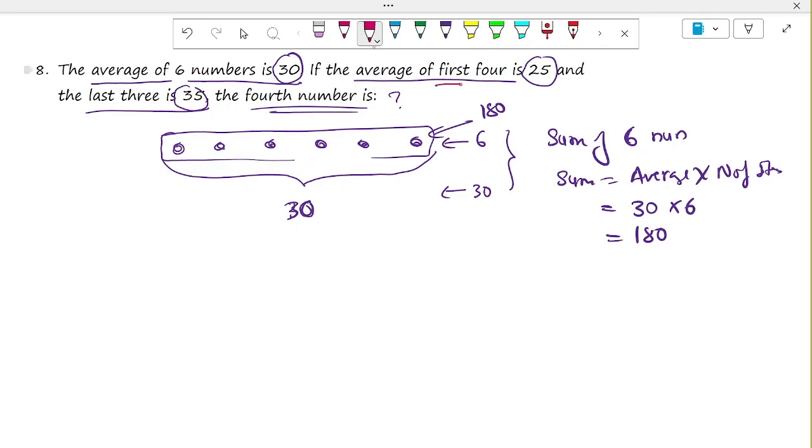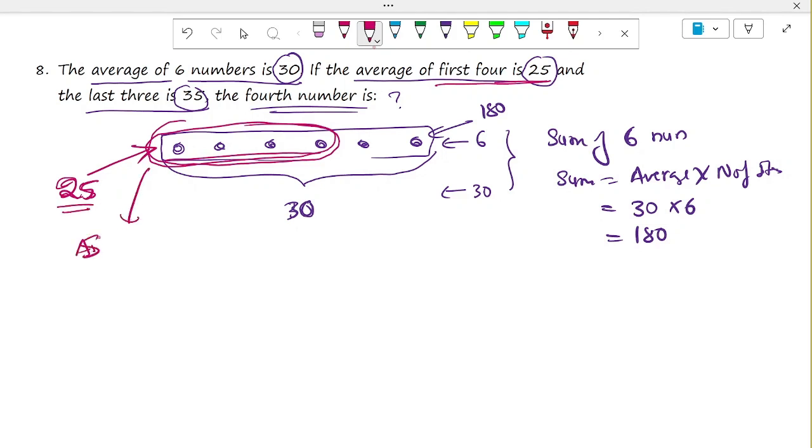Now try to read the next sentence. The average of the first four numbers, these are the first four numbers, and they have given the average of these four numbers as 25. There are four numbers and the average is 25. Can you calculate the sum of these four numbers?